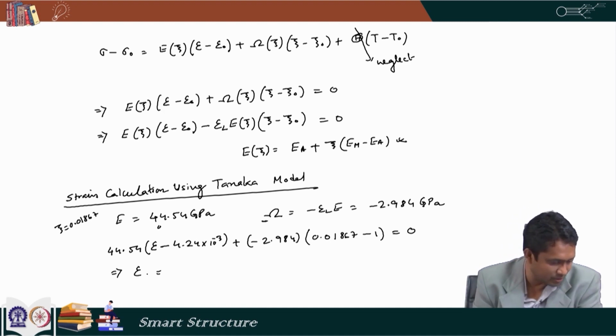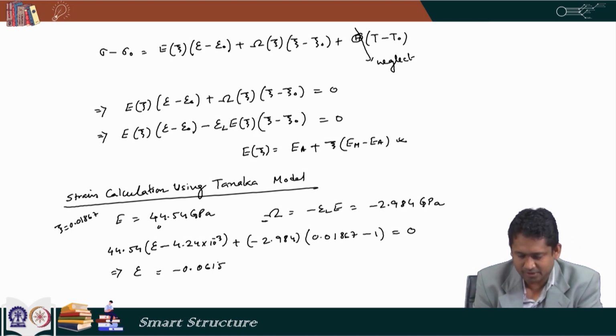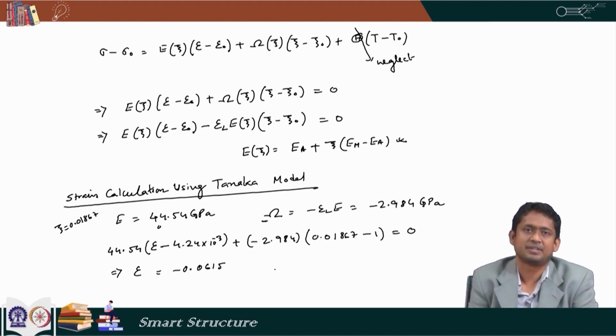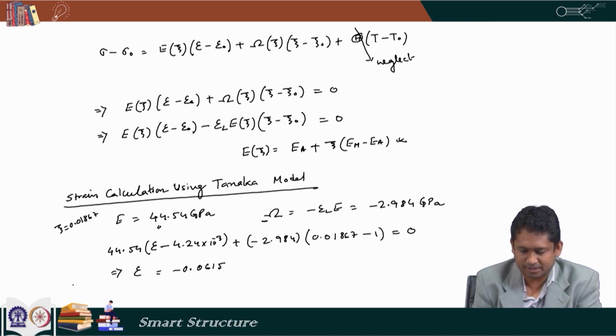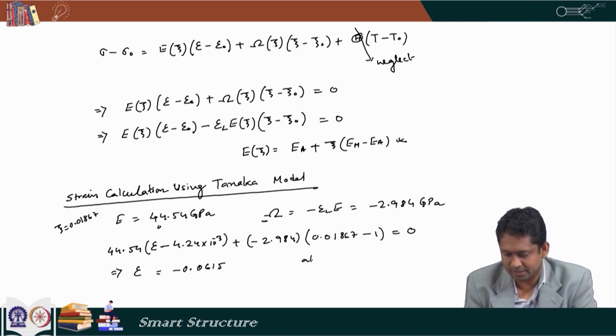Then if I solve this equation, then E comes to be minus 0.0615. So, that is the amount of strain it is experiencing at a temperature of 74 degrees centigrade. So, it is at T is equal to 74 degrees centigrade.